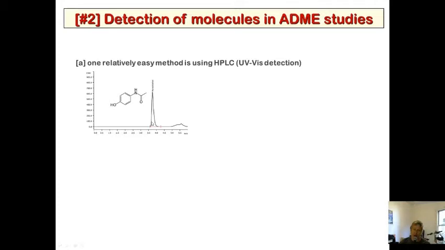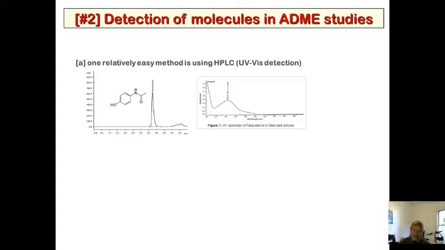It's passed through a little column that purifies and separates your compounds based on polarity. Very polar things are on the left, very nonpolar things are on the right, and Tylenol comes in the middle of that. And this is a nice analytical technique based on UV visible detection.